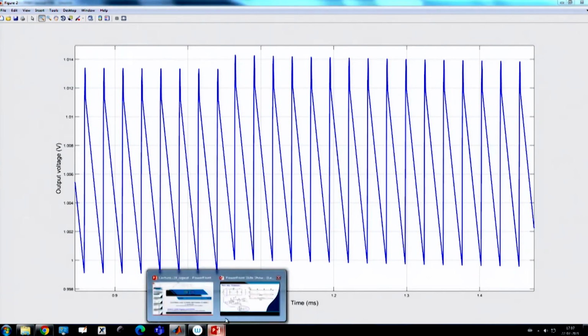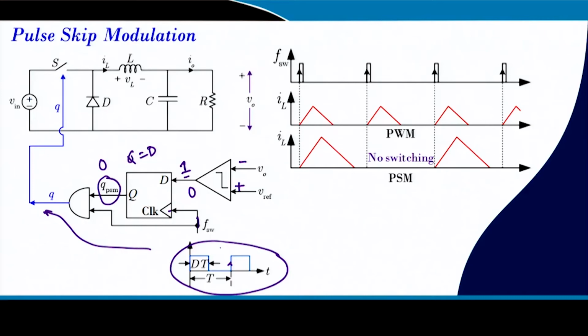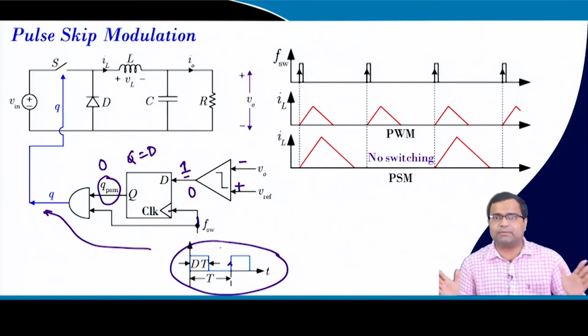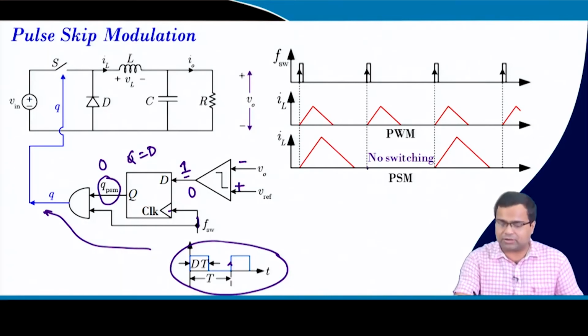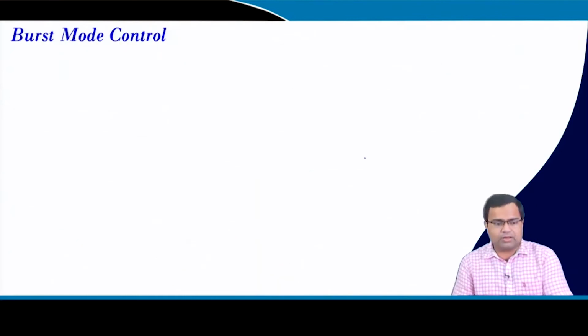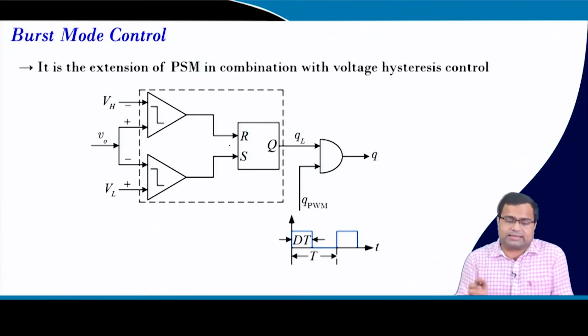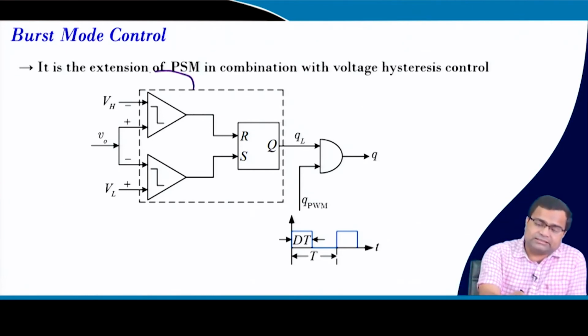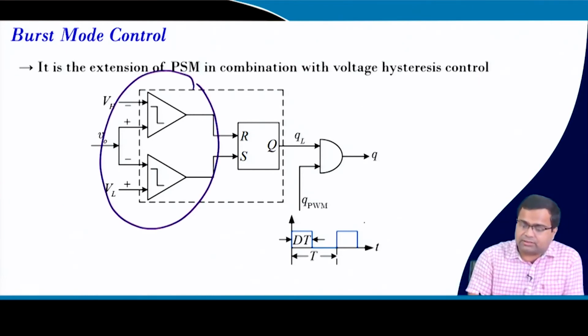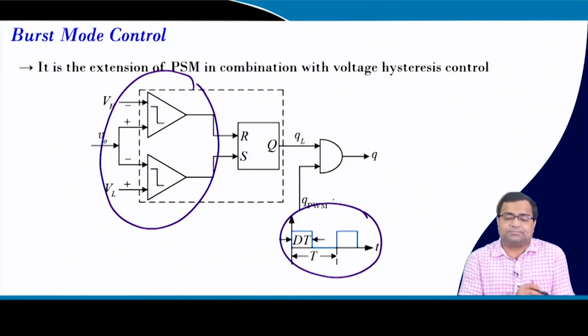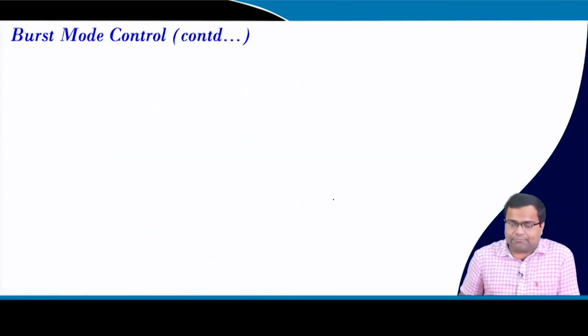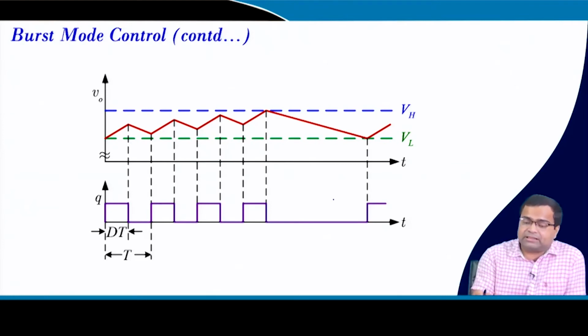But the objective here is that pulse skipping modulation can improve the light load efficiency by skipping more pulses, and this aspect we have discussed. Now the burst mode control: it takes the hysteresis control along with the PWM pulse. If I take the waveform, when the output voltage hits the peak limit, it goes down.